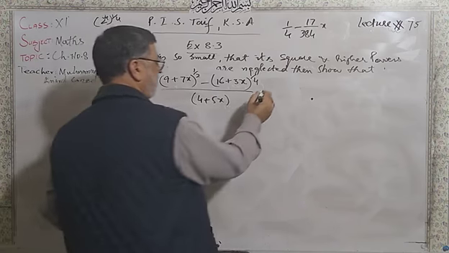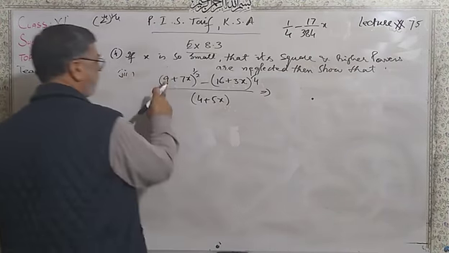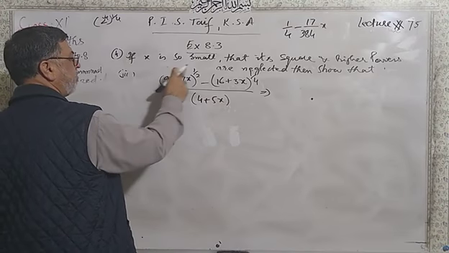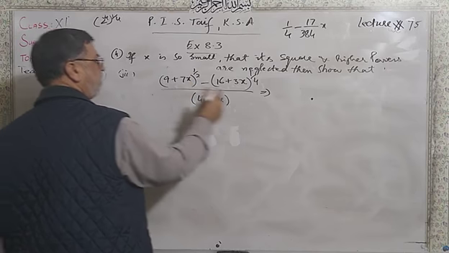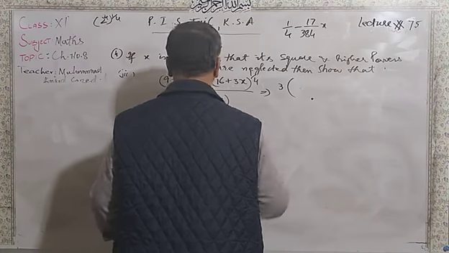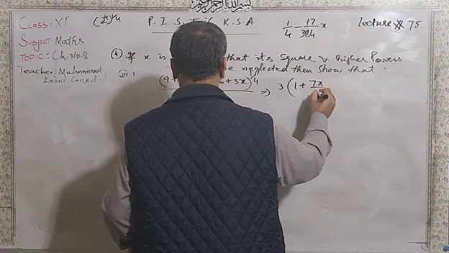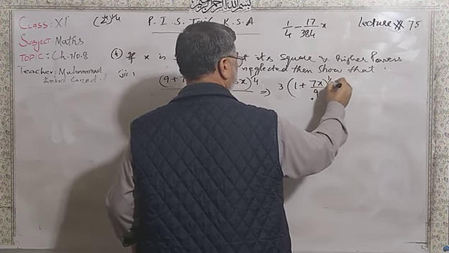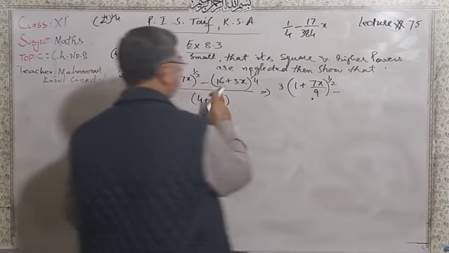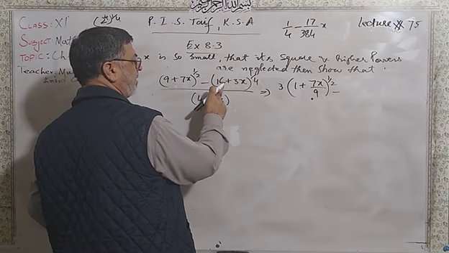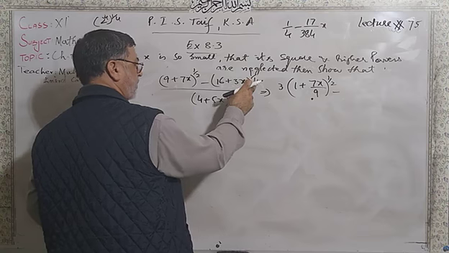Dear students, last time I told you to take 9 common, and 9 power 1 over 2 will be 3. This will be 1 plus 7x over 9, power 1 over 2. Then 16 was taken common, and 16 is 2 power 4.